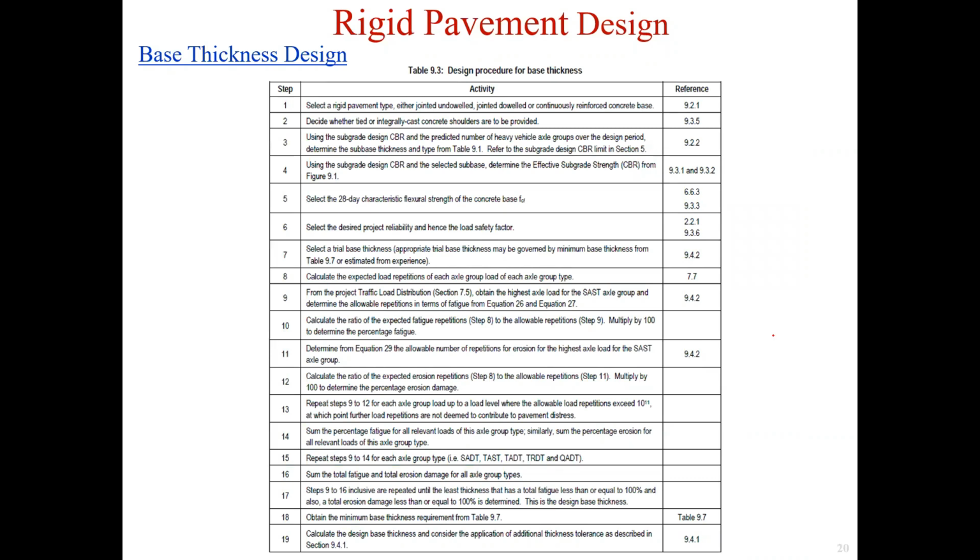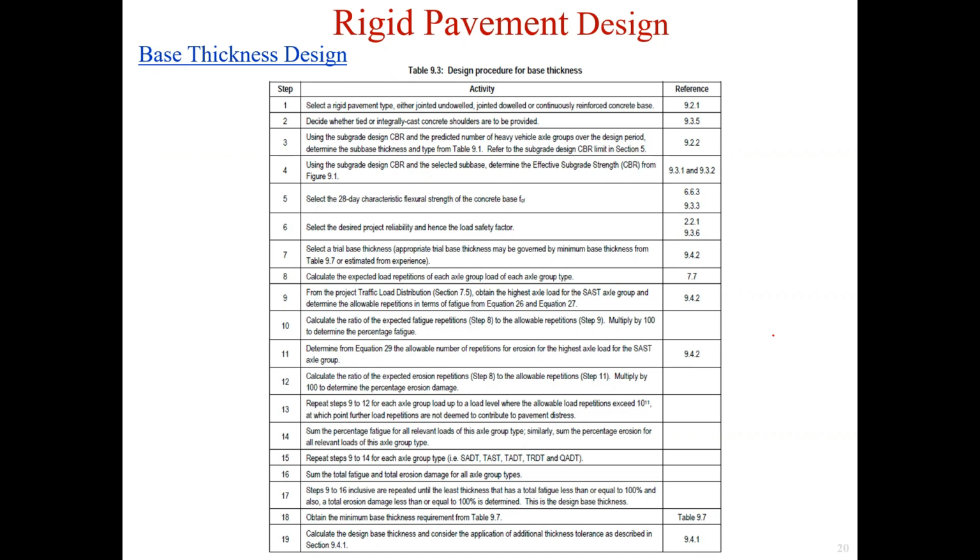For flexible pavement mechanistic design, we have to follow 18 steps, whereas for rigid pavement design, we need to follow 19 steps. Firstly, we have to select a pavement type, then decide whether tied or integrally cast concrete shoulders are to be provided.